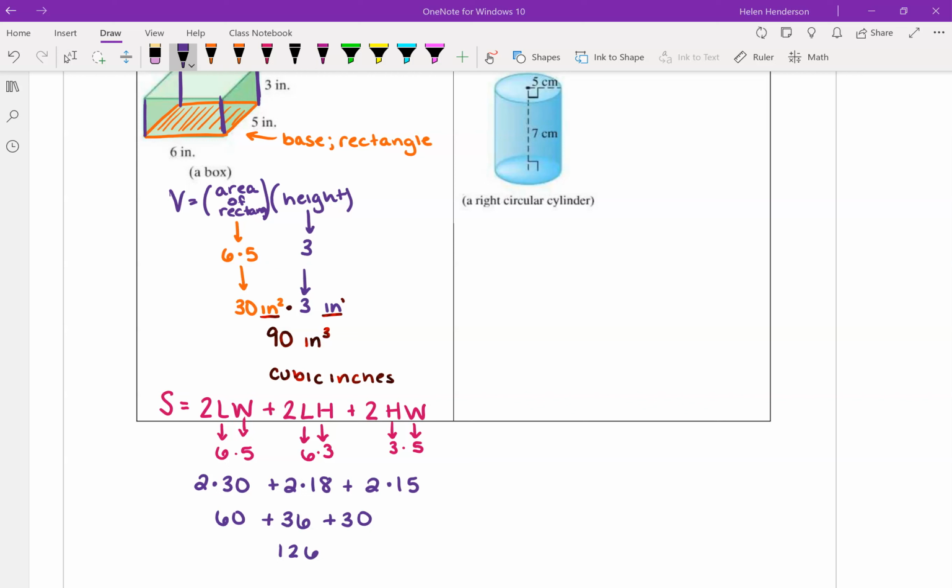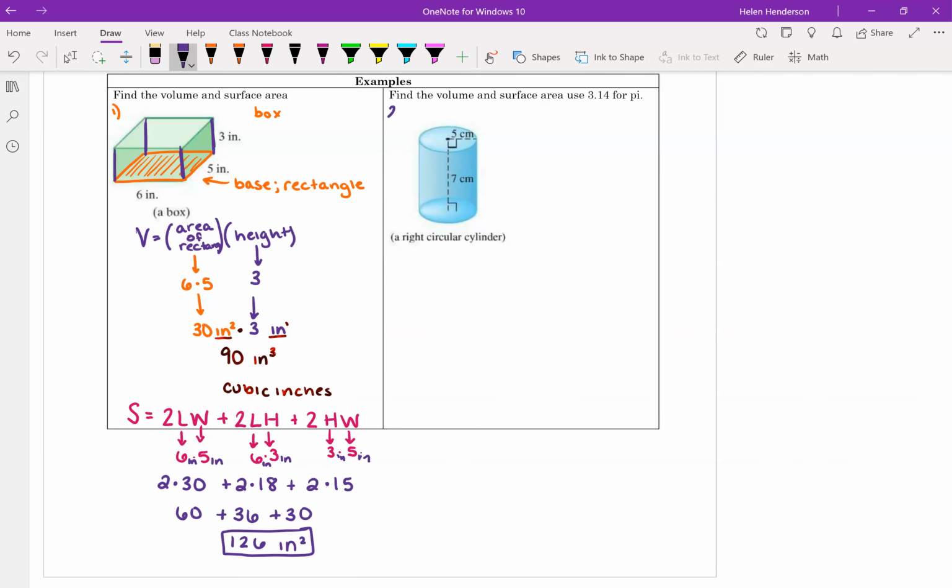Well, remember, length was inches, and width was inches, and height was inches. So each one of these multiplications made square inches. So the surface area is 126 square inches, and the volume is 90 cubic inches.